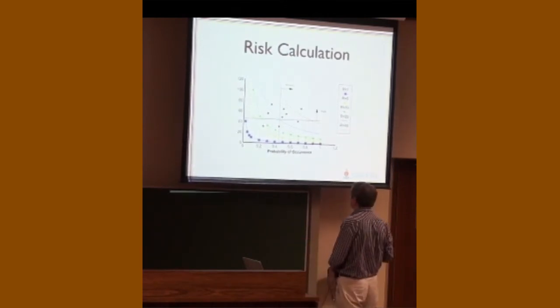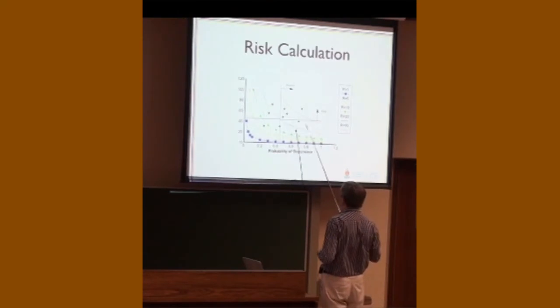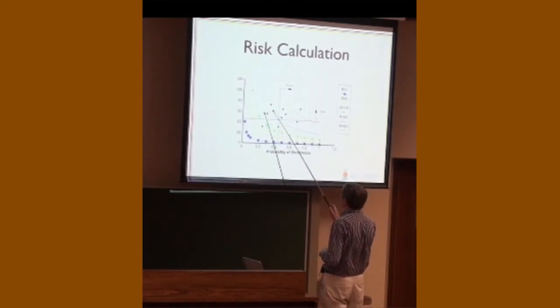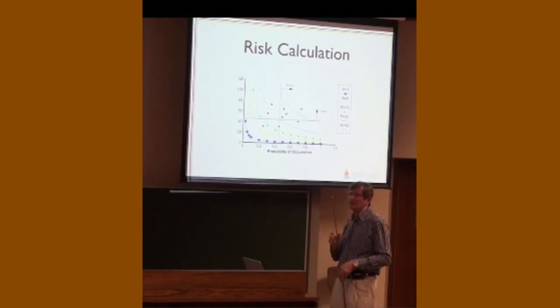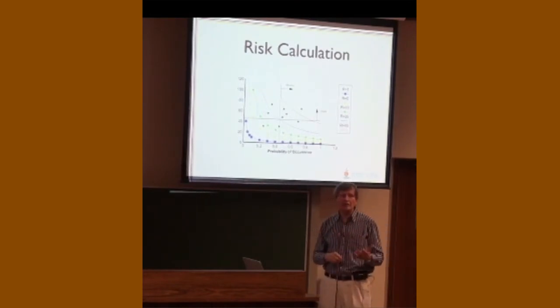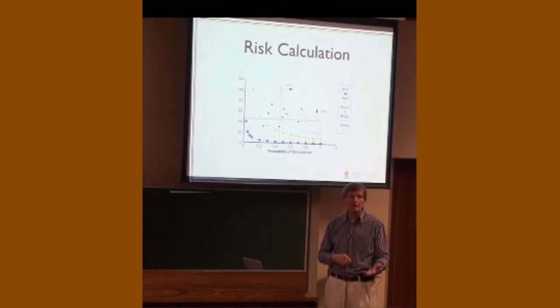Why do we say that these are more important than these? Simply because risks with a high consequence but a lower probability of occurrence are worse to the organization, because if they occur, they have a high impact, and you don't always know when they're going to occur because they have a low probability of occurrence.